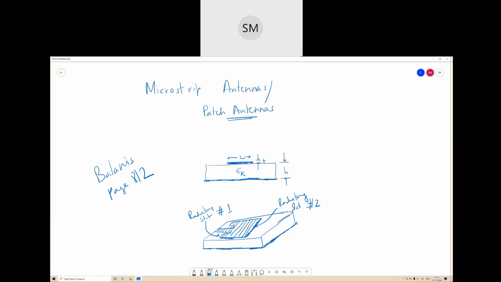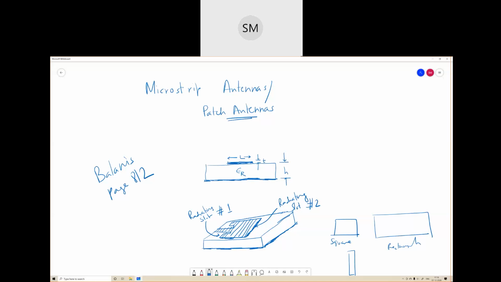Right. So this is a typical microstrip antenna. It's not that a microstrip antenna is only like this. There could be many slots; the patches could be square, rectangular, like a dipole, circular, elliptical, triangular, disc, whatever, it could be anything.